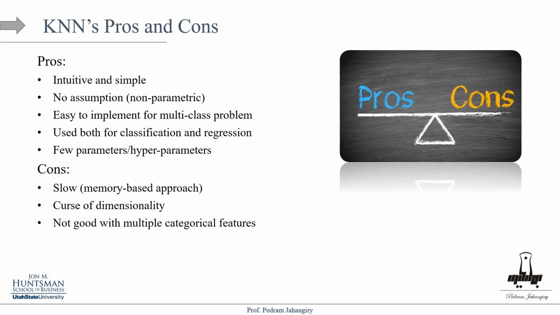It is also not good with multiple categorical features, because the choice of distance metric becomes very subjective. Should we use Euclidean distance? Should we use Manhattan distance?